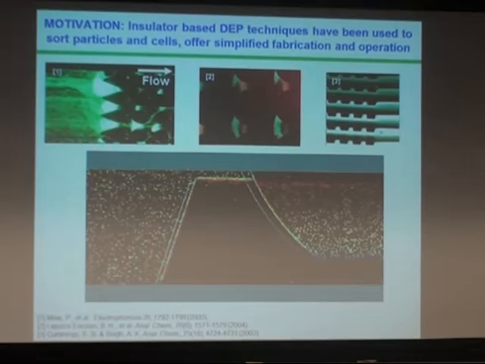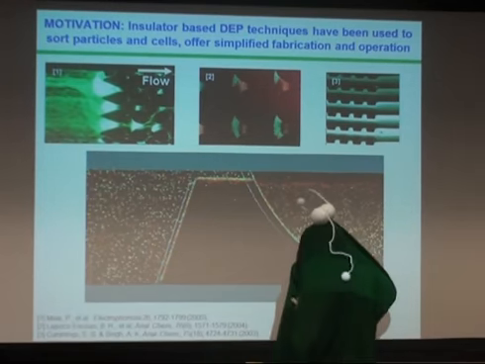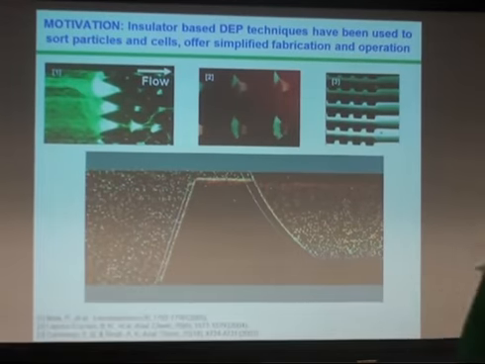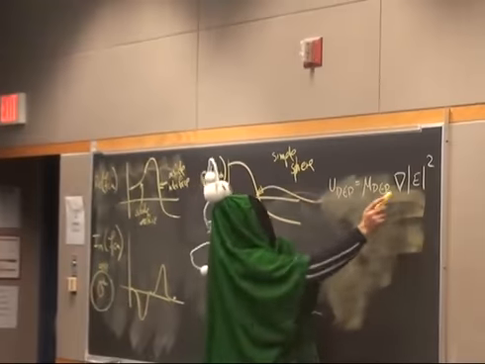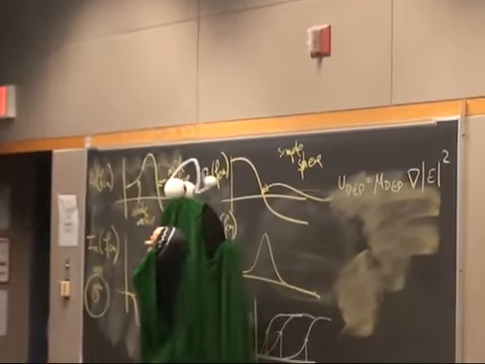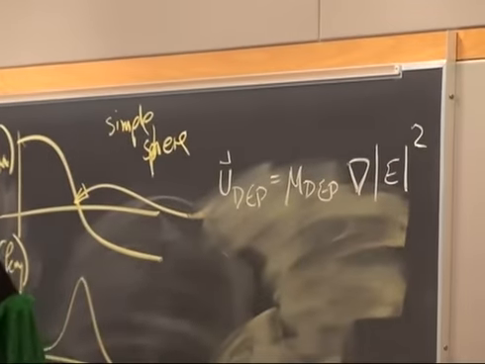So you find that the dielectrophoretic mobility, which we could denote with an expression that looks like this, is basically a relation between the gradient of the electric field squared and the dielectrophoretic velocity.